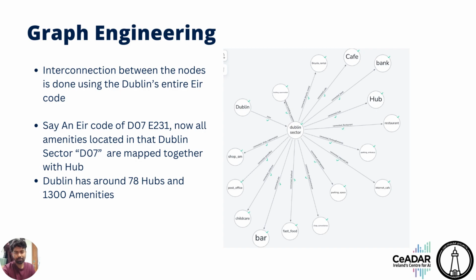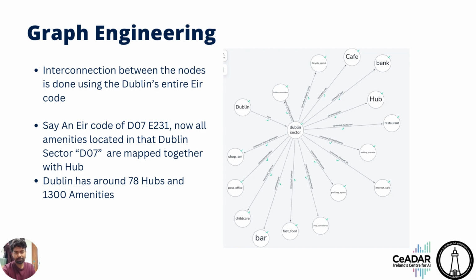So now we have taken into consideration only the Dublin specific area, and each Dublin area has its own specific set of air codes, say like D07 E321. So D07 is a specific zone and E321 is a specific private place of an amenity. So we have mapped the sectors of Dublin right from D1 to D23.